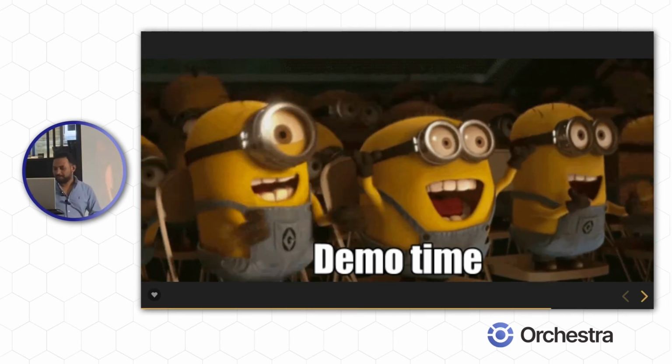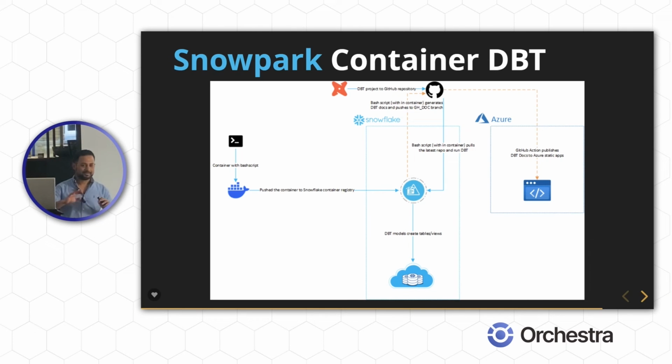So moving on from that one, it's really nice how the question was put in place at the right time. This is one of the examples that we could do with container services. Rather than having dbt hosted in one place, you can just put your bash script in there.